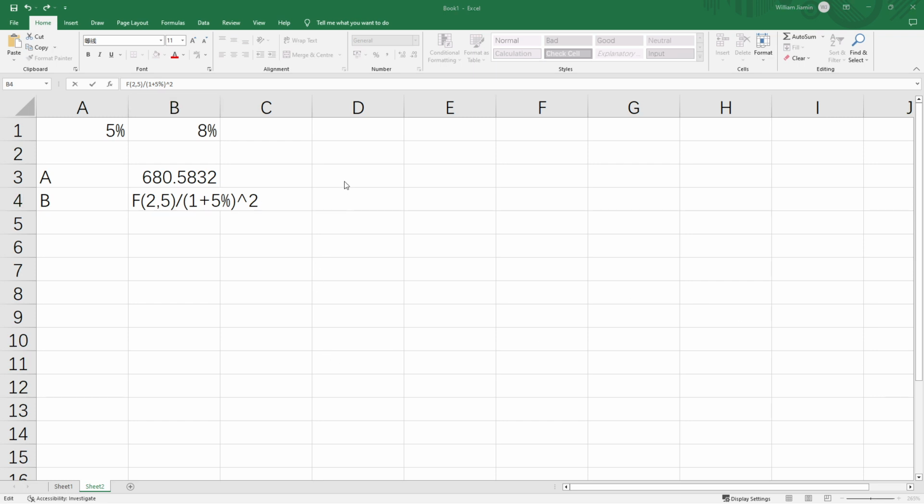A and B should be exactly the same, because essentially they're doing the same thing. Because they're the same, you can multiply this. Let me copy this so I don't need to write it again. It equals this multiplied by this part, and then you get yourself the forward price.